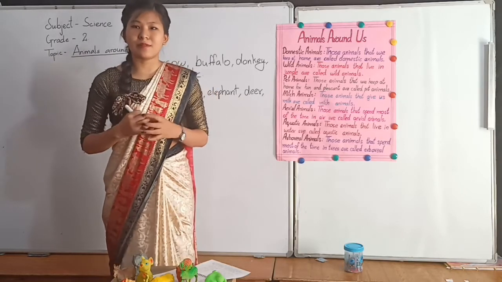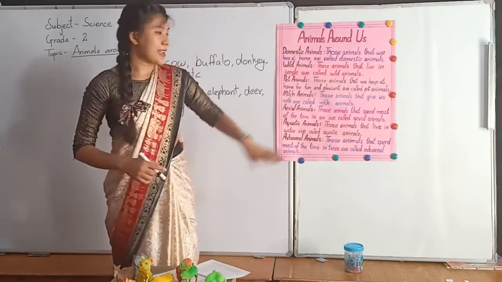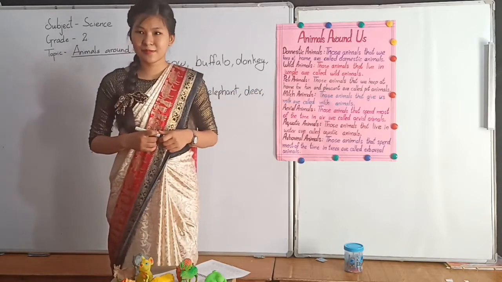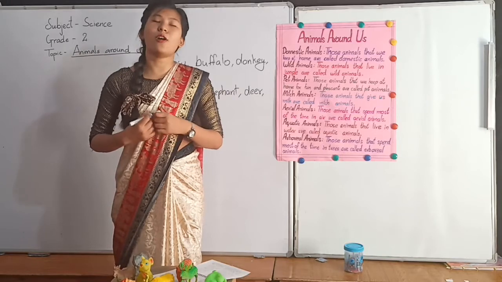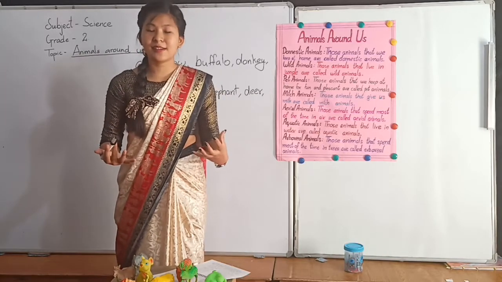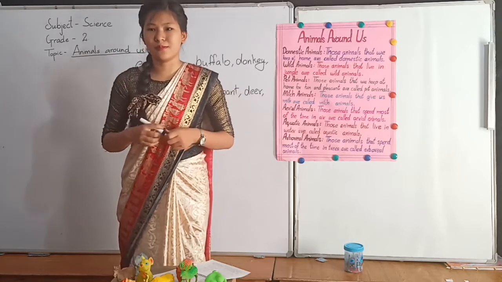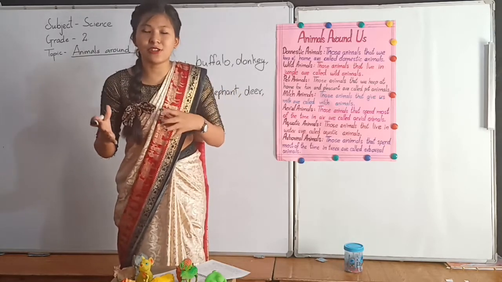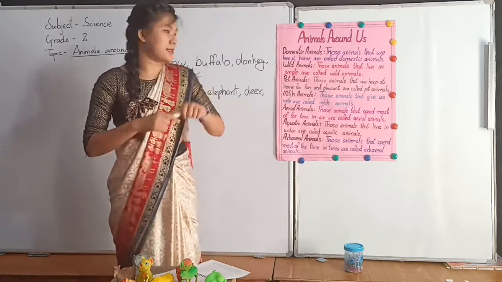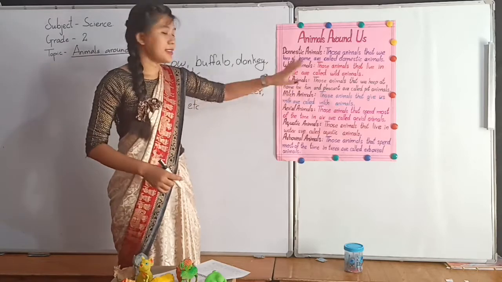Good. Now we will go to next topic, that is pet animals. Yes, we also have seen pet animals. And we keep pets at our home. So let's read the definition of pet animals. Please look into the chart, dear students.